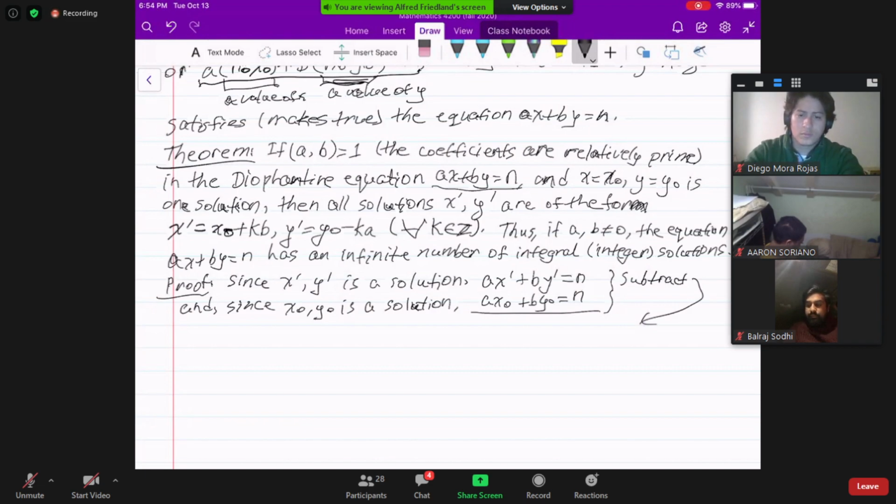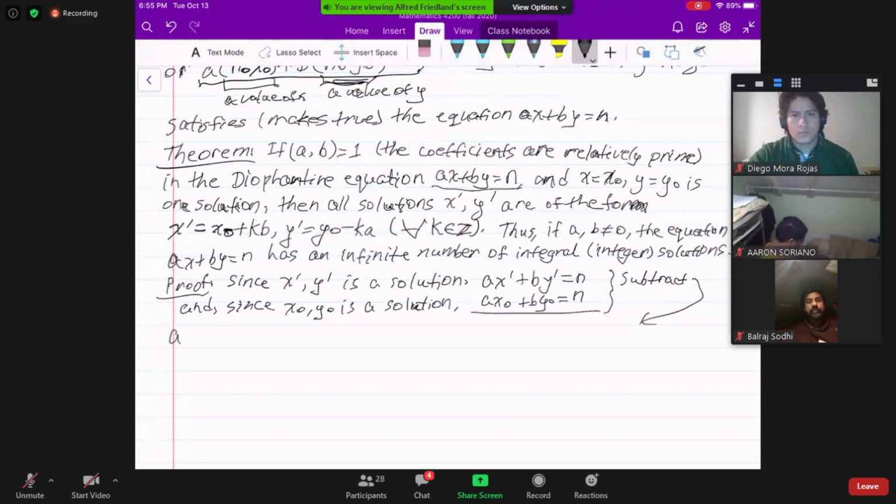And if we subtract the left sides and subtract the right sides, look at what we get. I can do sort of 2 steps in one. So I lined it up so we have similar coefficients under and above each other. So this is ax prime minus ax sub 0.